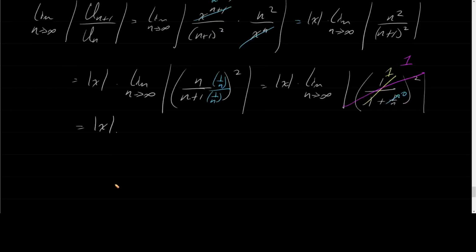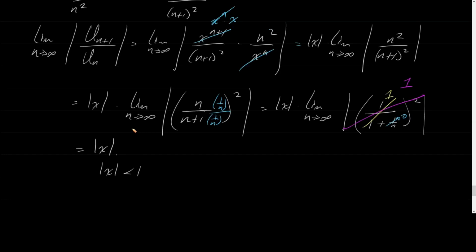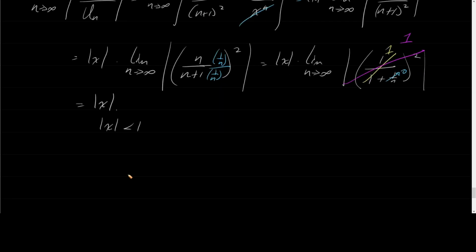Cool. So what is that going to do? What this tells us is that the absolute value of x, we want it to be less than 1, because we were using the ratio test, and for the ratio test to converge, it has to be less than 1. So this tells us that the radius is 1.